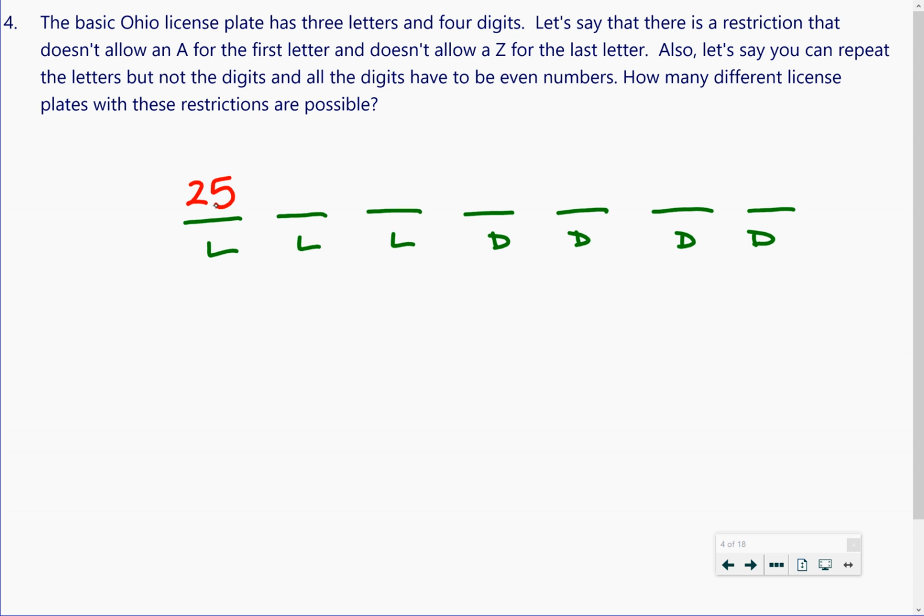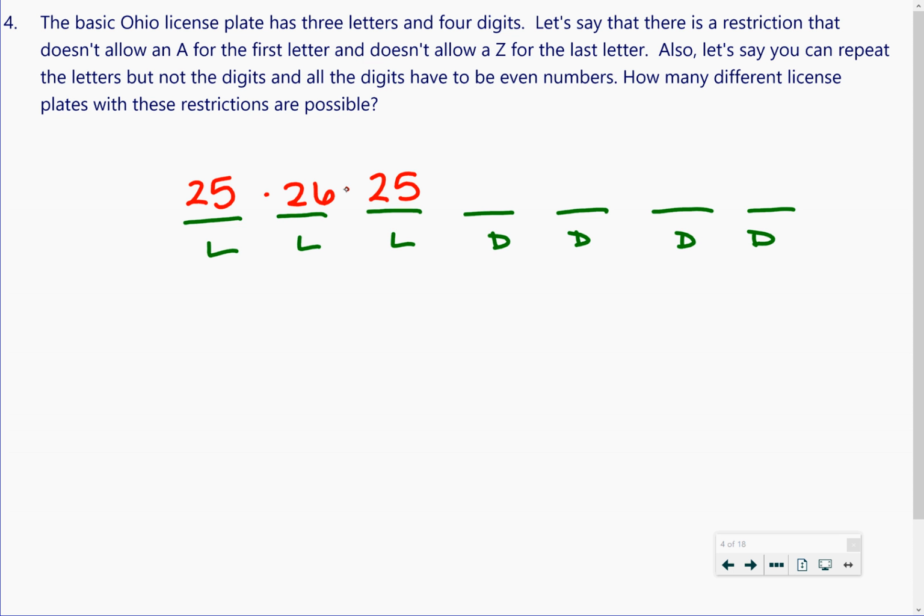Oh, you can repeat letters. It's just the digits we can't repeat. So it'd be 25 again. And then how many choices do I have for the middle letter? 26. If the letters couldn't repeat, I would put a 24 there, and I'd put a 24, and then I would put another 24.